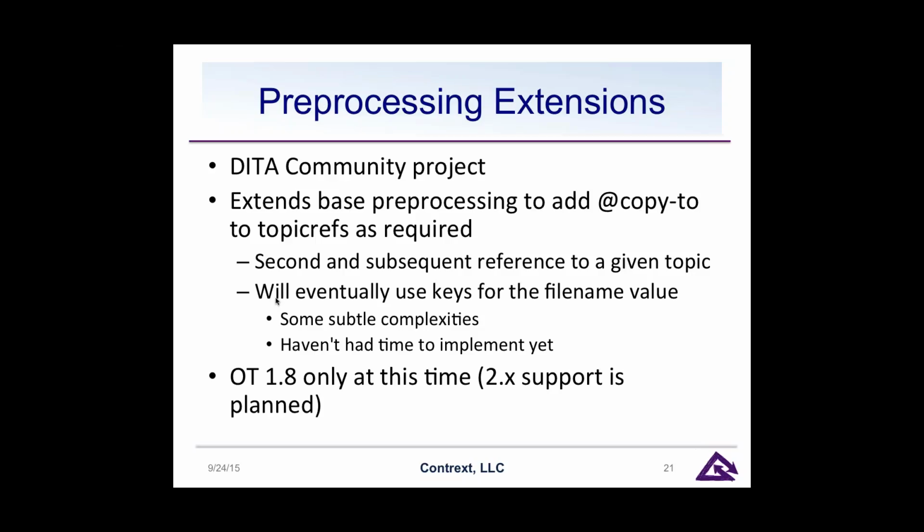We have plans to support the 2.x toolkit, but I just haven't gotten to that yet. The ANT details changed from 1.8 to 2.1, and that breaks the plugin in 2.x. We know how to fix it. We just haven't gotten to it yet. But this gives you an easy way to at least implement a simple version of this proposal.